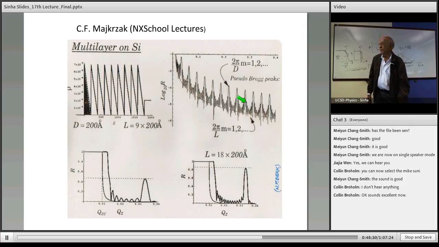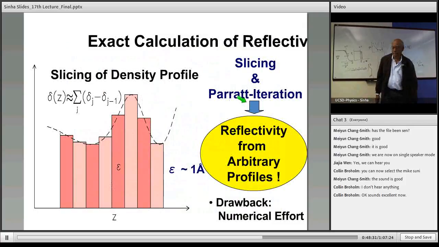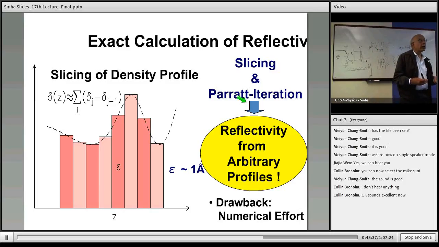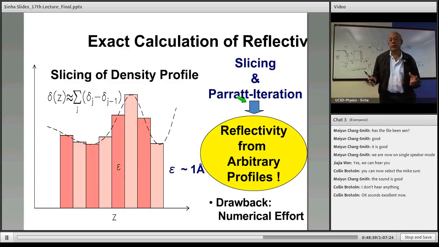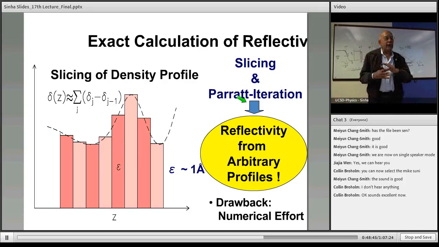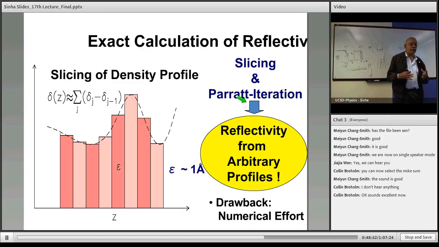Okay, let's go on. Now, this is all based on that master formula, which is a quasi correct expression, but not exactly rigorous. It gave you easy insight. It gave you insight to understanding the forms of the reflectivity for different special cases and how to interpret them.